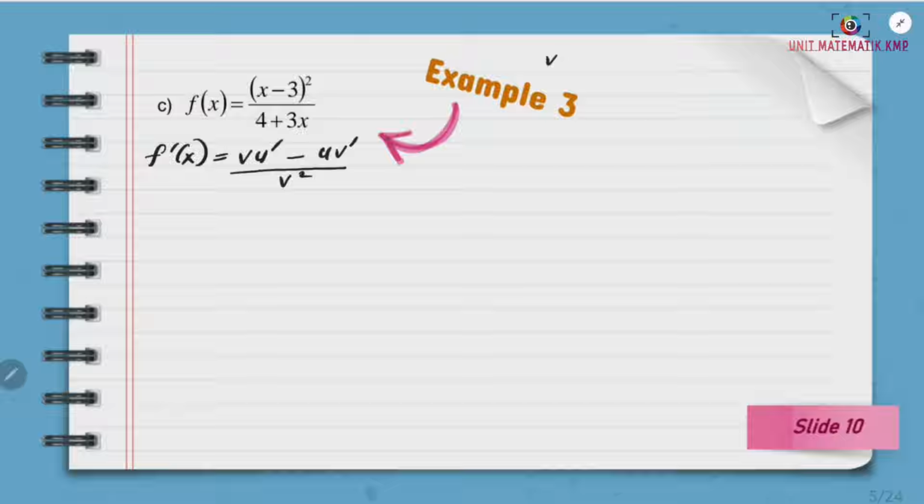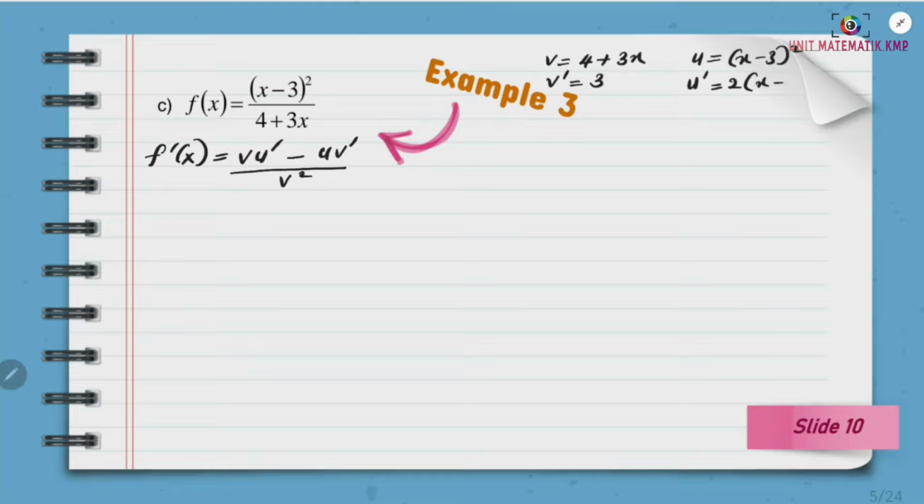So v equals 4 + 3x and v prime equals 3. And u is equal to (x − 3)² and u prime equals 2 times (x − 3).